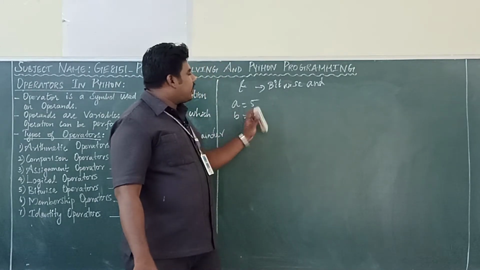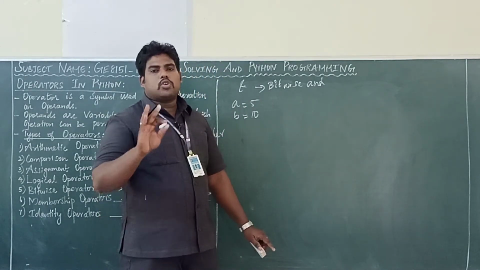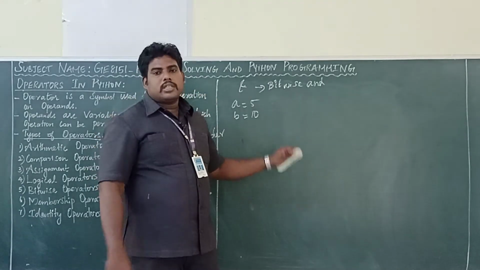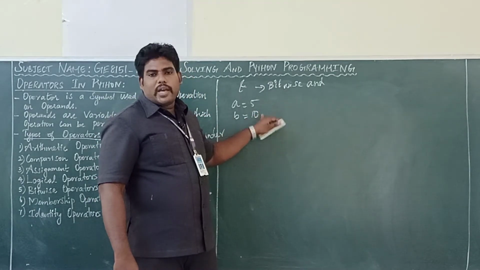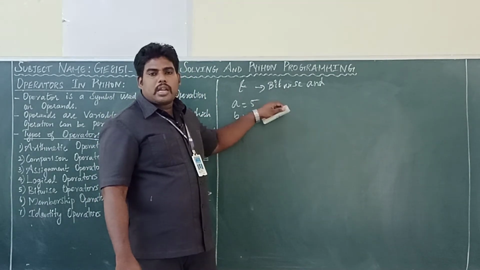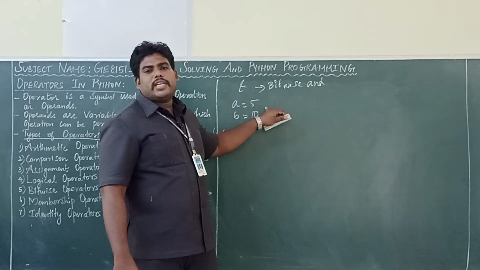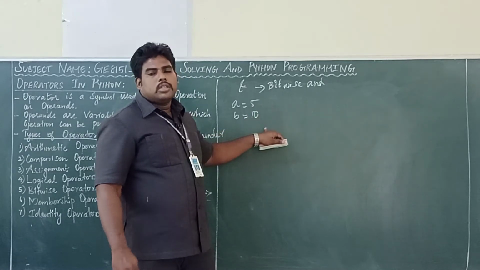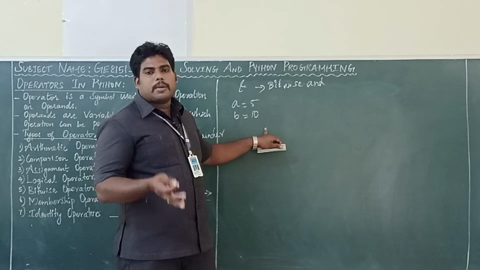How do you convert it into bits? There are 2 ways we can convert this integer value. This is the integer value, right? These are our numbers. 2 ways you can convert this integer into bit representation, binary representation.